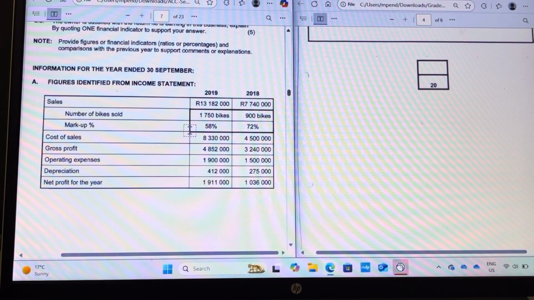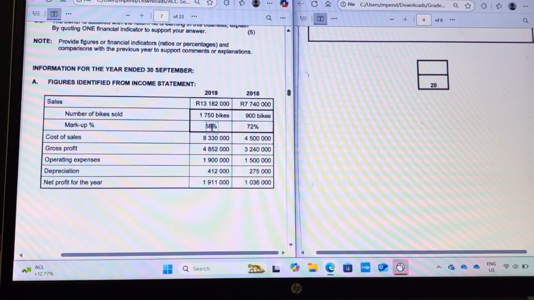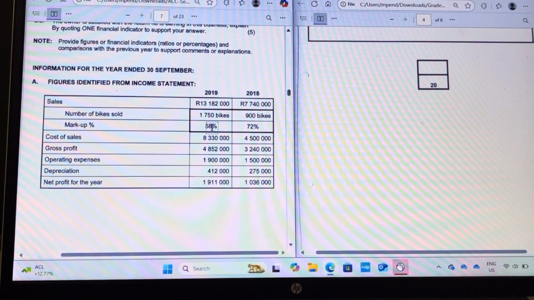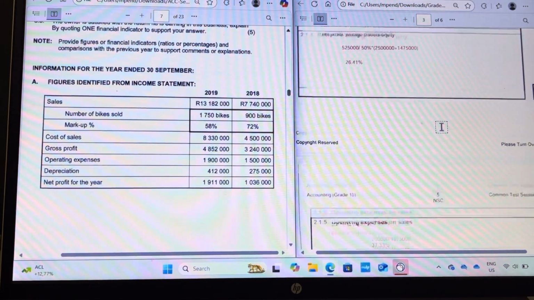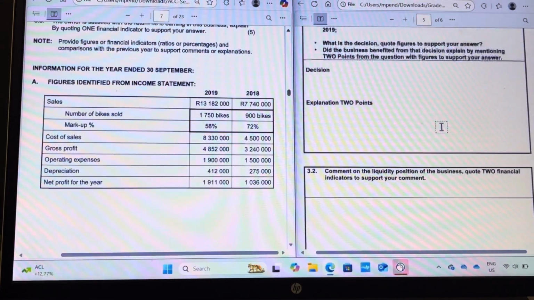So here we are told from 2018 to 2019, the markup decreased from 72% to 58%. From that only, you put that onto your answer script, that there has been a decrease from 72% to 58%.